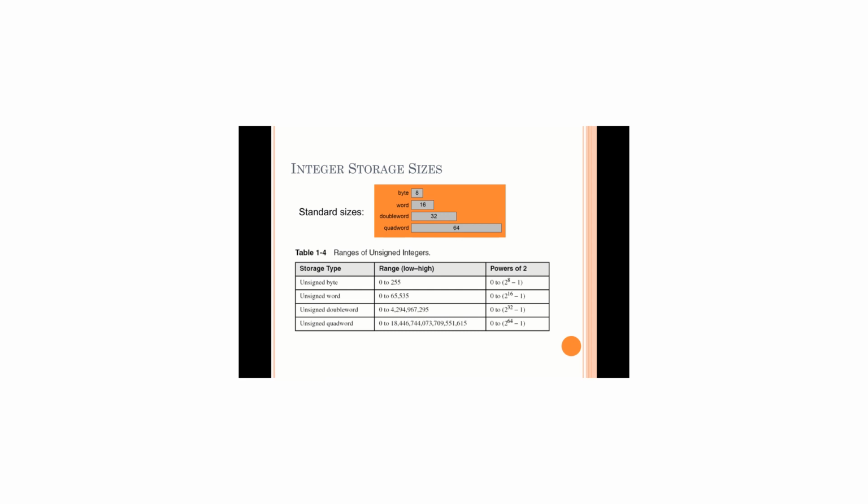So let's assume that we only look at positive numbers, right? For a byte, how many numbers does it represent? A byte with 8 bits represents 0 to 255. And I'll show you why.